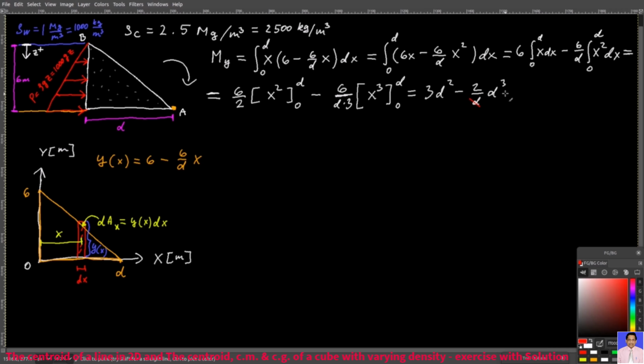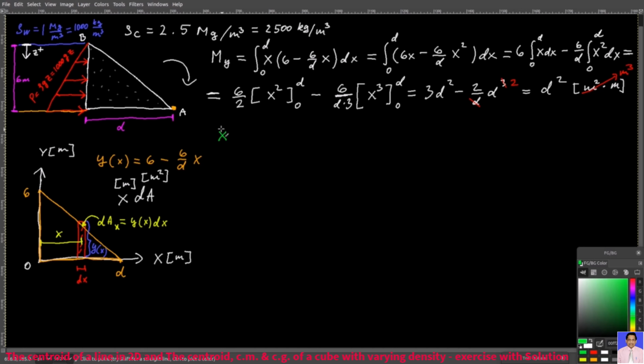You can cancel out the d here, and this 3 power will be 2 power. And in the end, you will have d squared meters squared times meters, because remember that you have x times dA. This is meters squared, and this is meters. So in the end, you will have meters cubed.